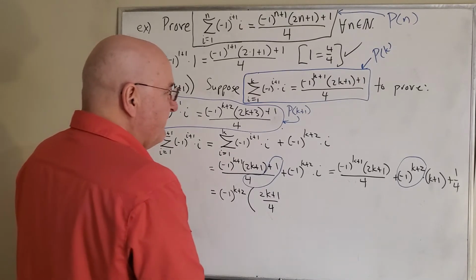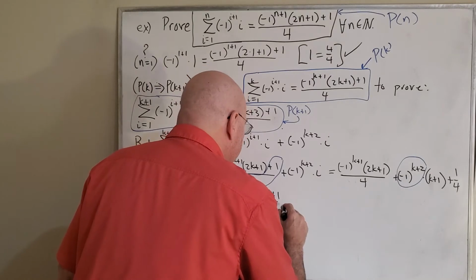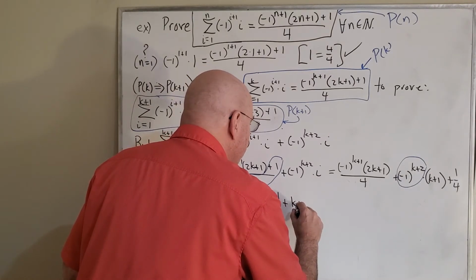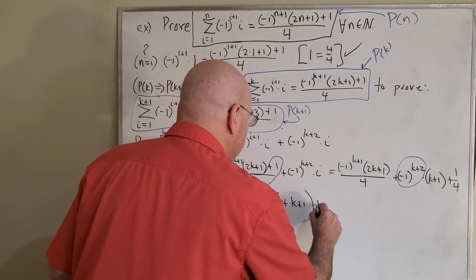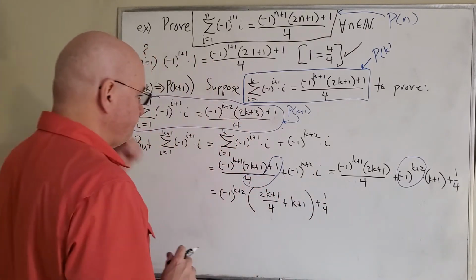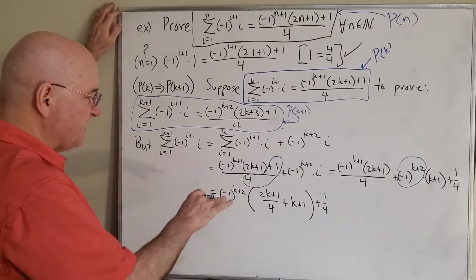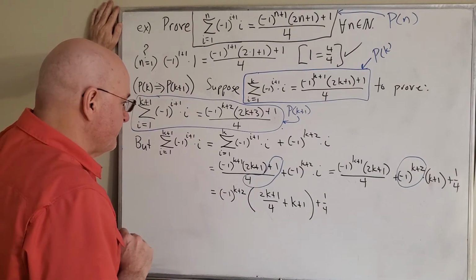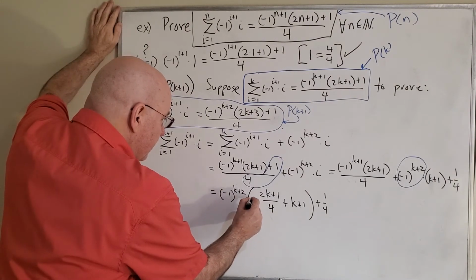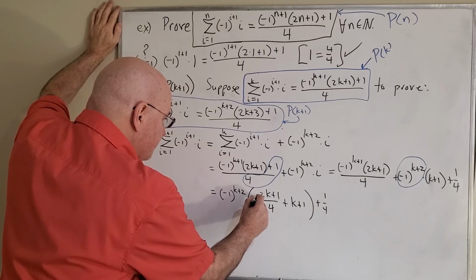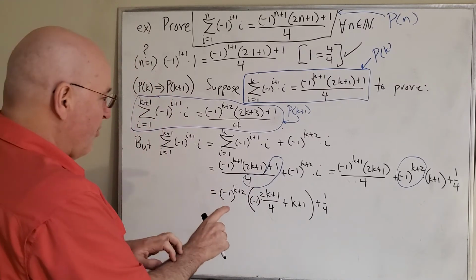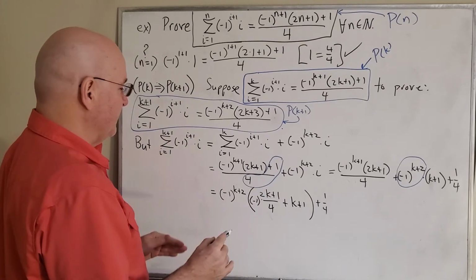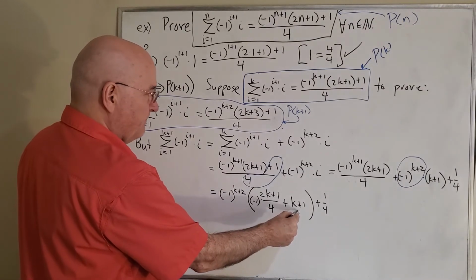So I factored that out, so we've got that plus k plus 1 plus 1/4. It's not correct yet. But if I put a negative, I was going to put a negative sign, but instead I'll put a negative 1 times. Now, it looks good.